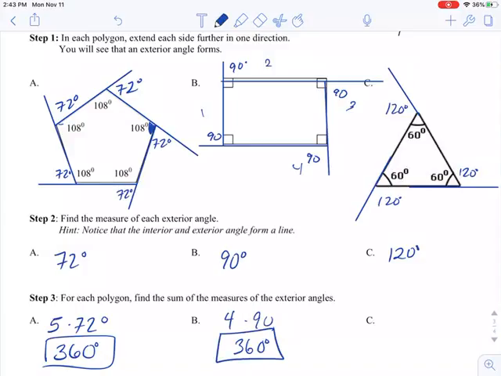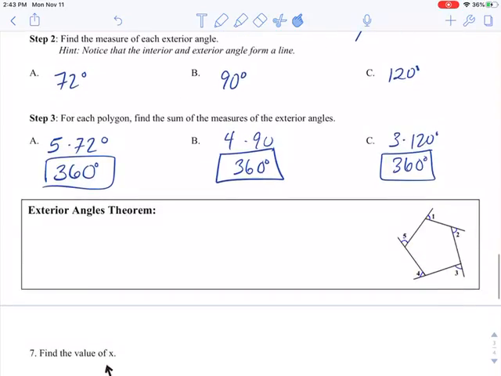And finally, in the triangle, I'm going to take 3 times 120, and guess what? It's 360. So the exterior angles theorem tells us that the sum of the exterior angles for any polygon is 360 degrees.